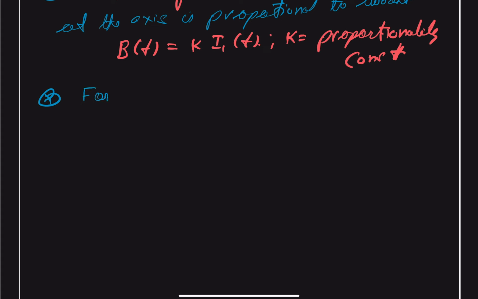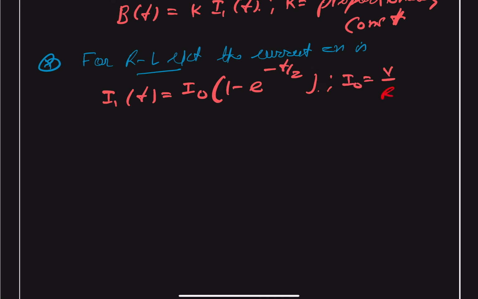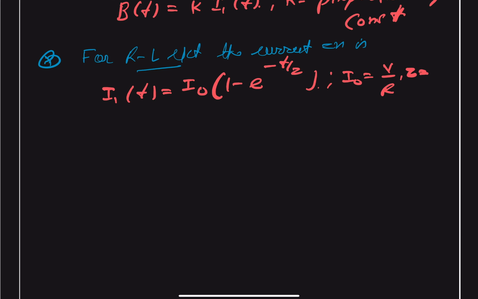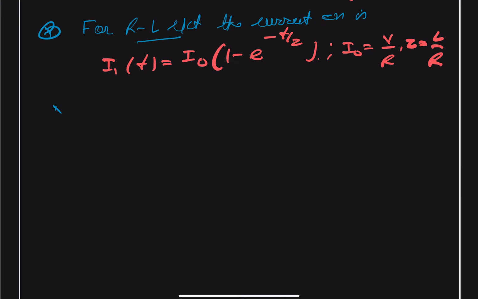Because this is a simple RL circuit, the current equation is given as I1 of t, which is equal to I naught times 1 minus e raised to minus t upon tau, where I naught is the steady state current given as V upon R, and tau is our time constant, given as L upon R. So therefore, for the magnetic field, we substitute the value of current, and we get that B of t will be equal to K times I naught times 1 minus e raised to minus t upon tau.